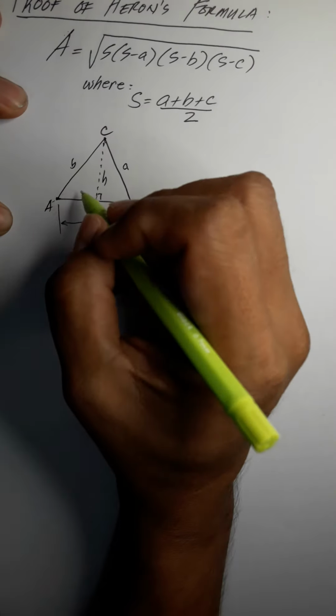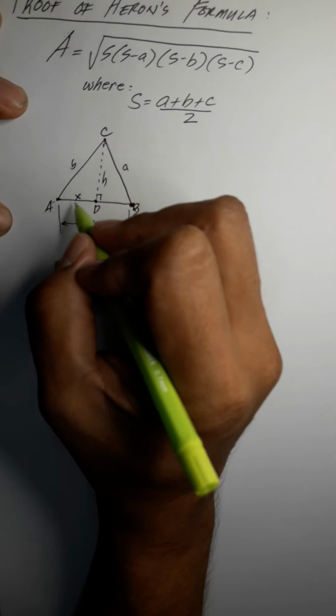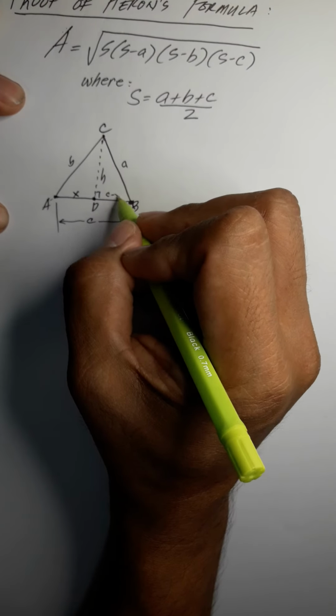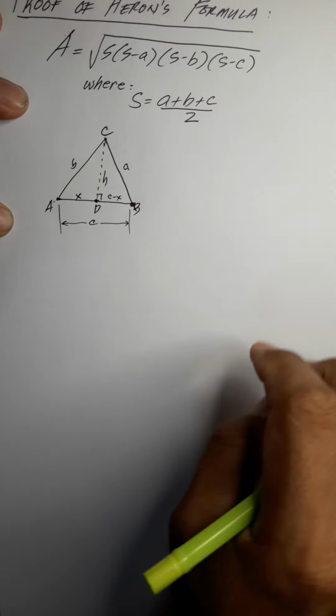We call this x, AD, and this is c minus x, DB.